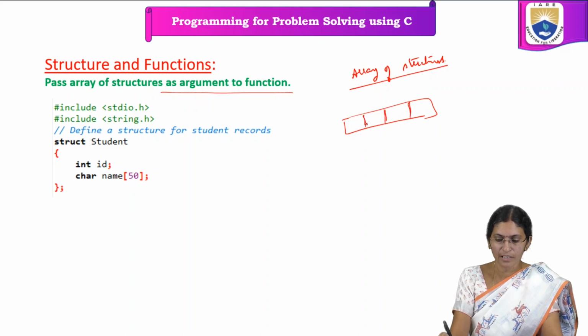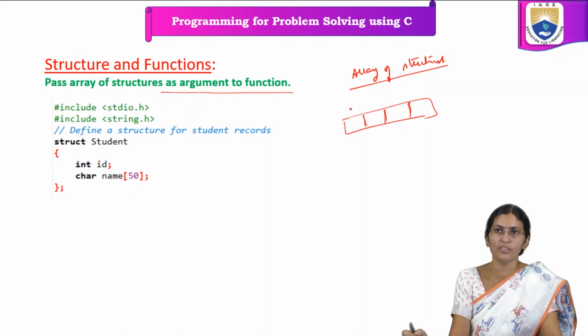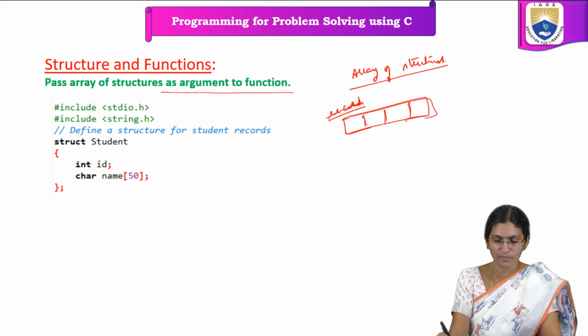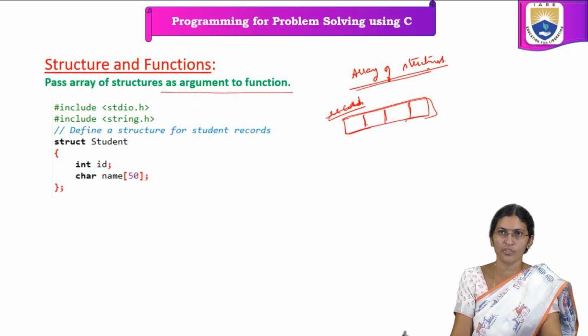So we can combine. If lots of information is to be stored, one piece of information about a particular type is known as a record. If we need to store more records, then we use array of structures.